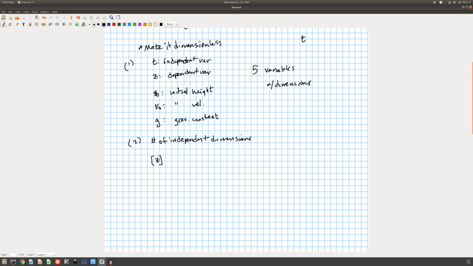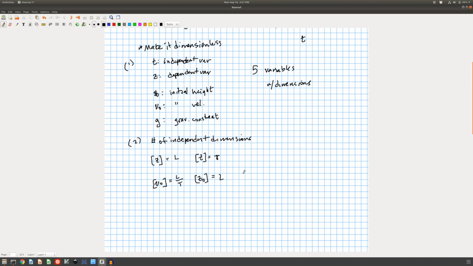For instance, z has dimensions of length. t has dimensions of time; I'm calling time a big T. What else do I have? v0 has length per time. z0 is only length.